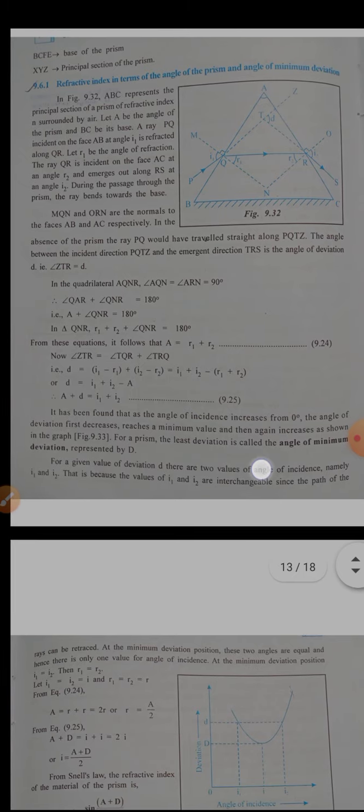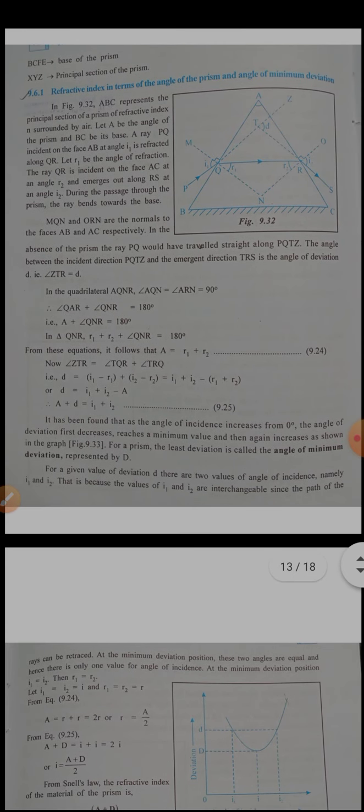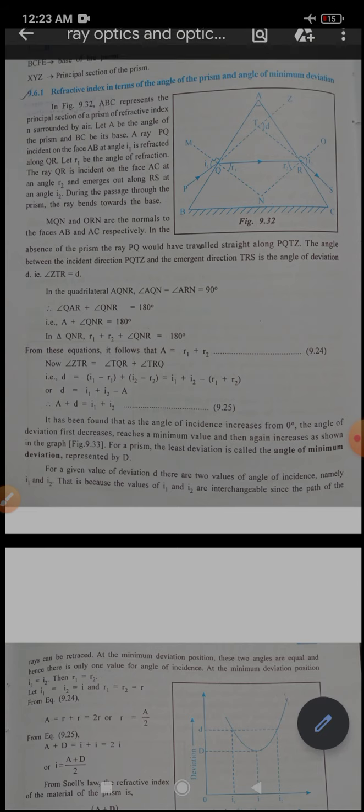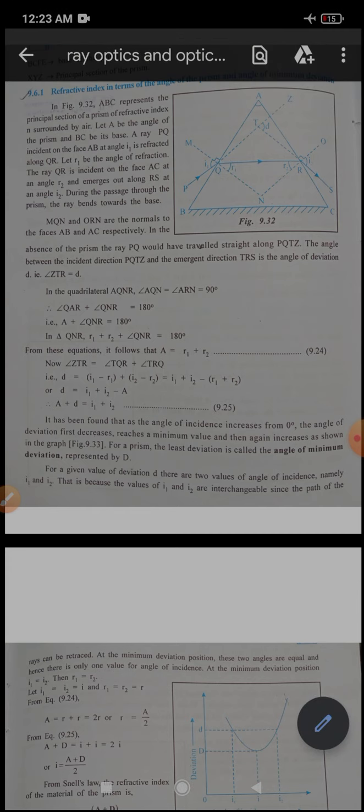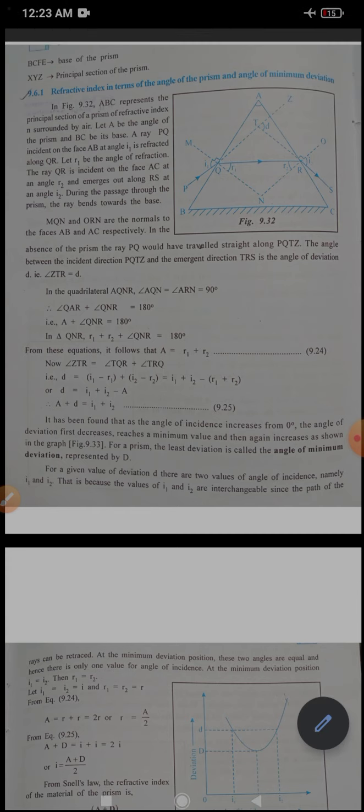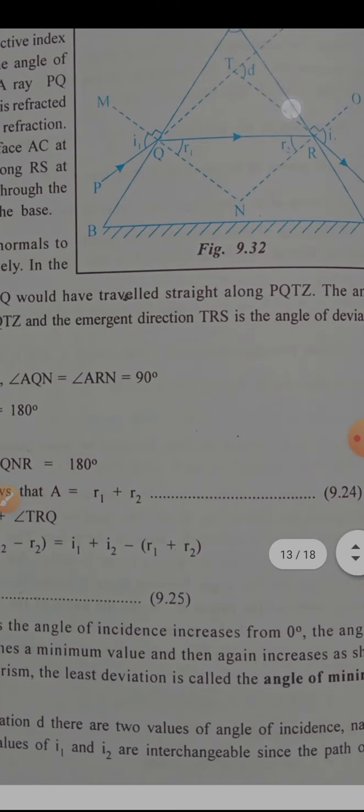In the absence of the prism, the ray PQ would have travelled straight along the line PQT. If the prism was not there, this PQ line would have taken that path, so we extend that line.